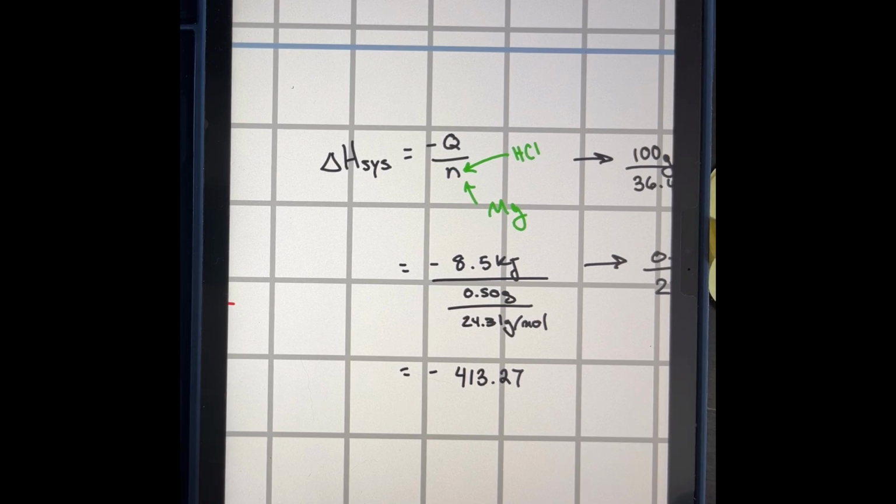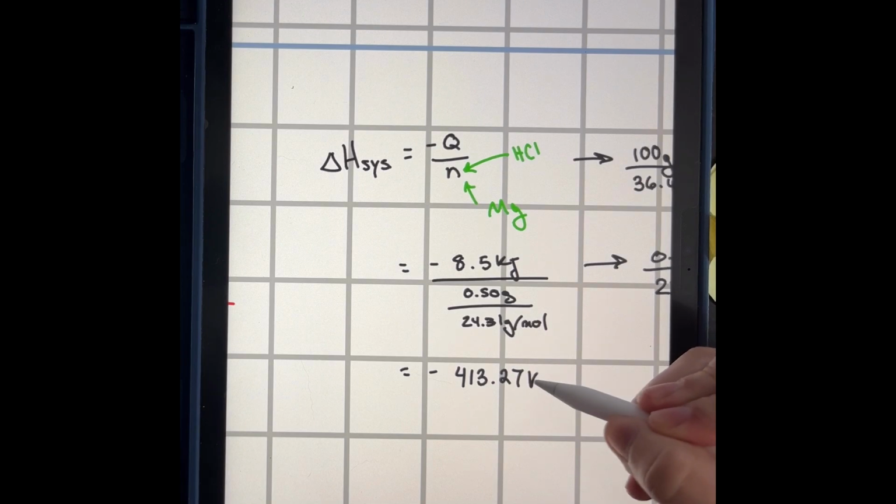I just want to make sure that I have this correct. This might be correct.